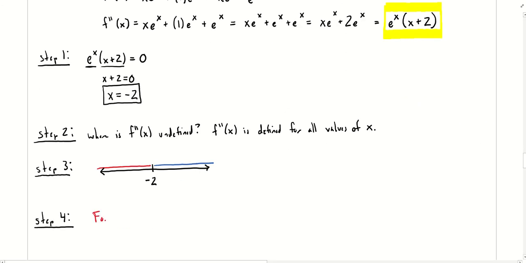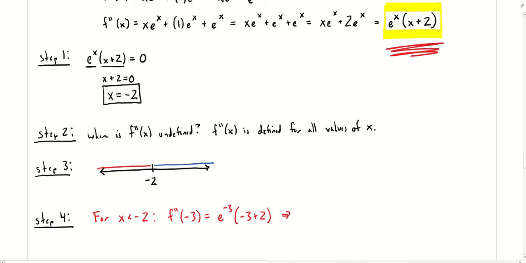So I'll start with the left interval. For values of x less than negative 2, I'm going to pick negative 3, and plug it into my second derivative. So I'm going to plug it into this thing up here: e to the negative 3 times negative 3 plus 2. And again, I don't care what this actually equals.